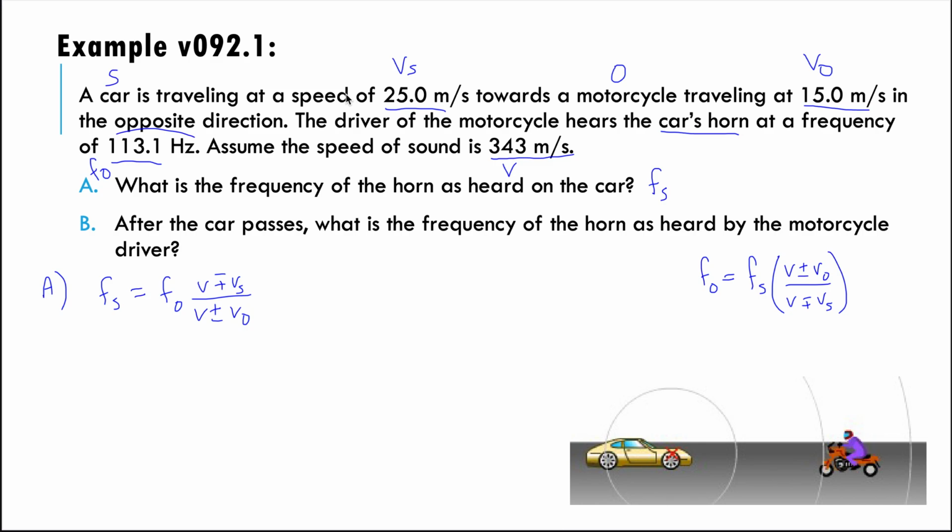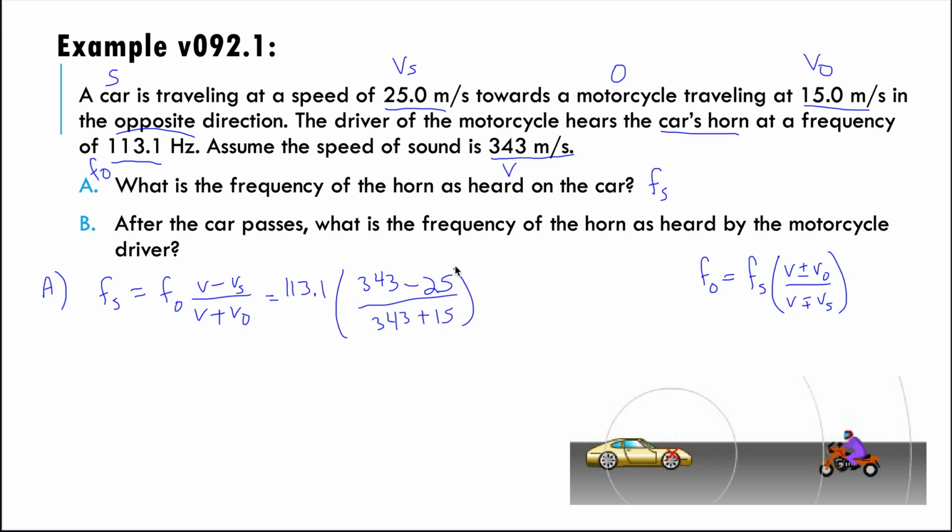We said in the notes that we use the upper sign if we're traveling towards each other. So we're going to use the minus and the plus. We're using the upper sign in each. And now we go ahead and plug and chug. 113.1 times 343 minus 25 over 343 plus 15.